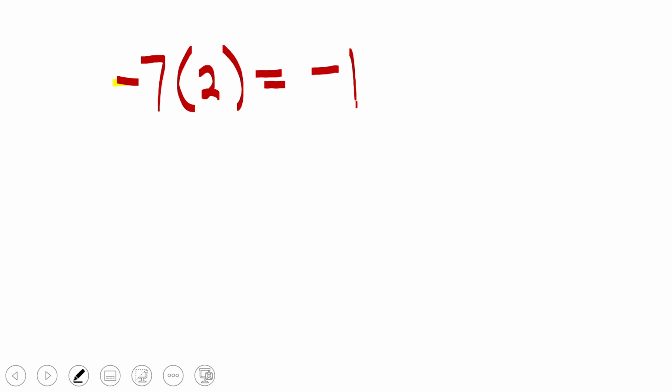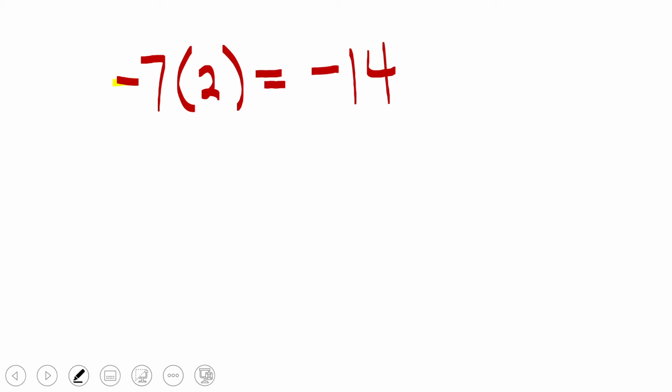The property of multiplication called closure is that when you have two numbers multiplied together, they equal something. They equal an integer. For instance, negative 7 times 2 is negative 14.